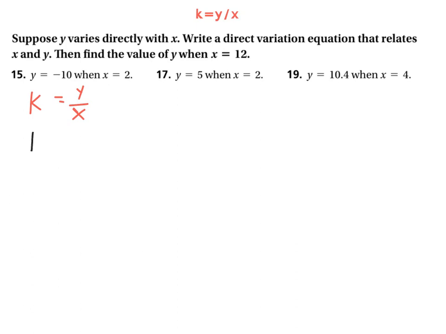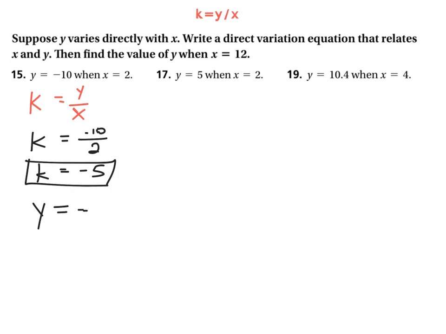So k is going to be equal to, the y value is -10, and the x value is 2. So if we have -10 divided by 2, then we know that k must be -5. That's what we're going to use. We found the constant of variation, so then we have an equation that says y equals -5x.